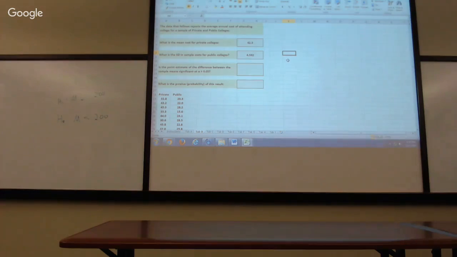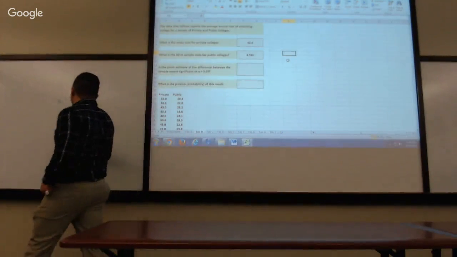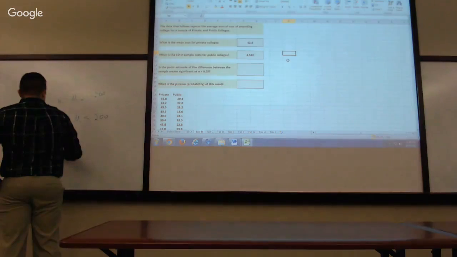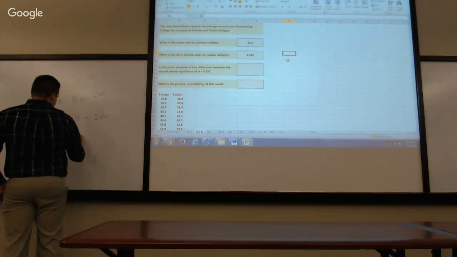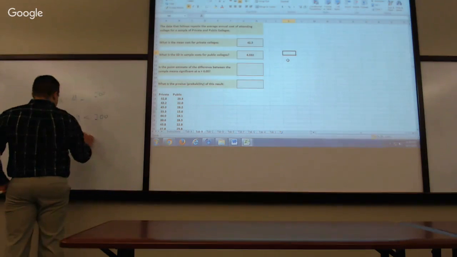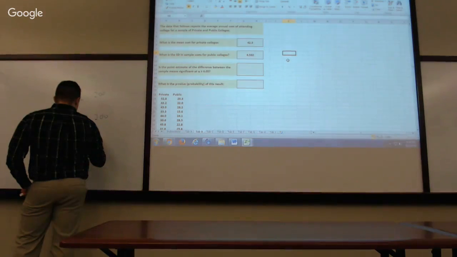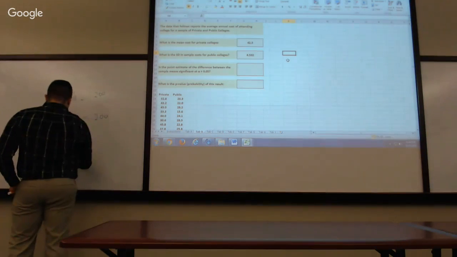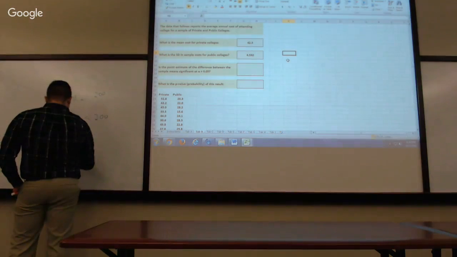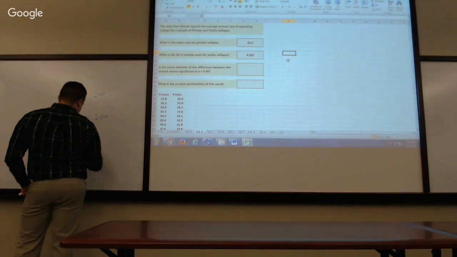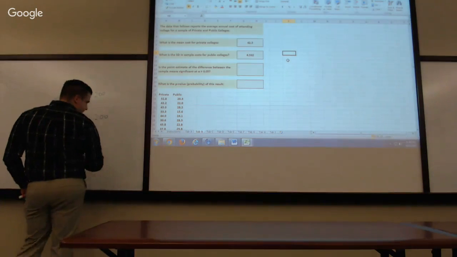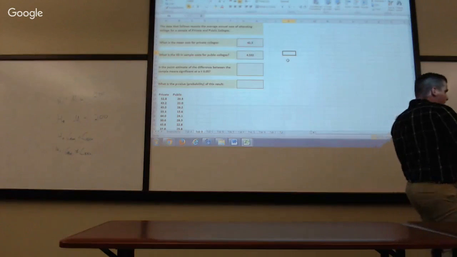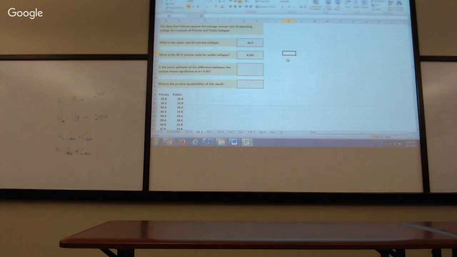So the point estimate difference, what we're saying is our null hypothesis or alternative hypothesis is: is the cost of private colleges equal to the cost of public colleges, or is the cost of private colleges not equal to the cost of public colleges? So we are not given a population standard deviation here.